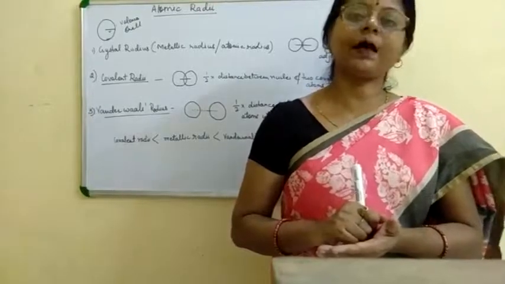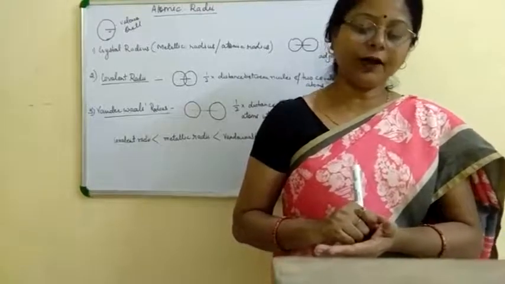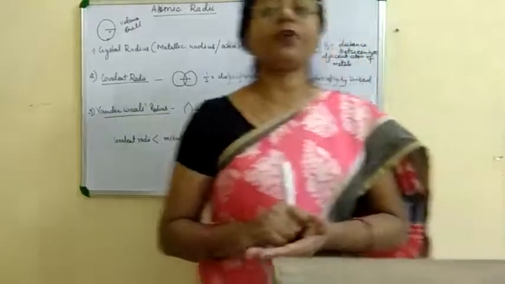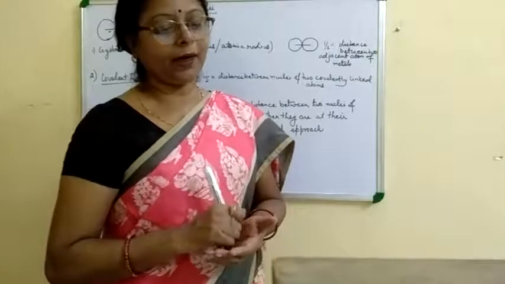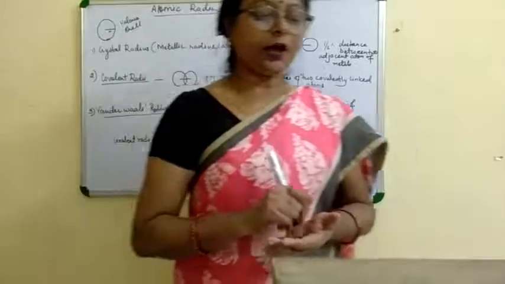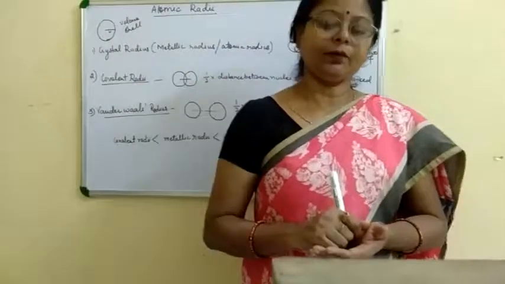Next is atomic volume. Atomic volume of an element is defined as the volume occupied by 1 gram atom of that element.